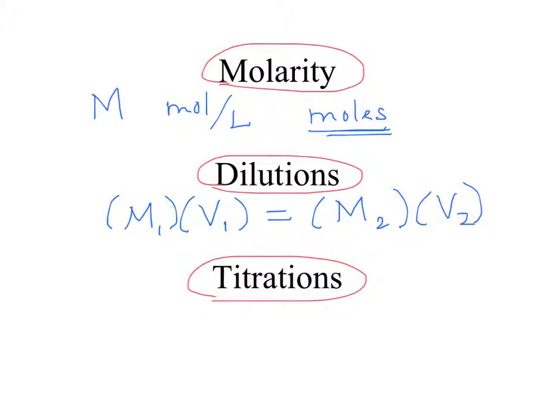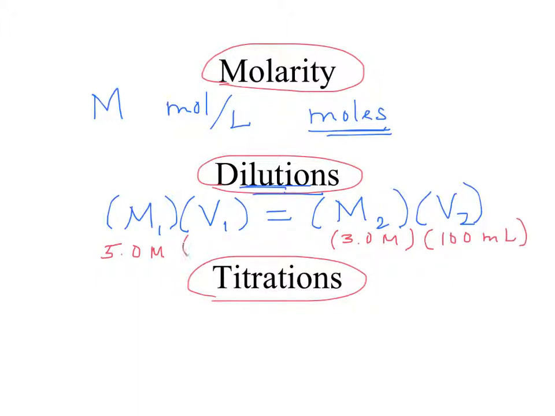Remember, with a dilution equation, you're going to be starting with a more concentrated solution. Let's say, for example, this molarity over here is 5.0, and you want to make something that's 3.0 molar. And you're going to want to make a certain amount of this solution. Say we want to make 100 milliliters.